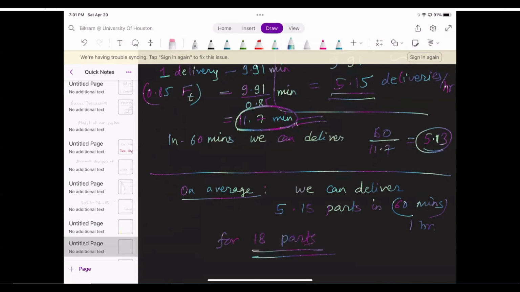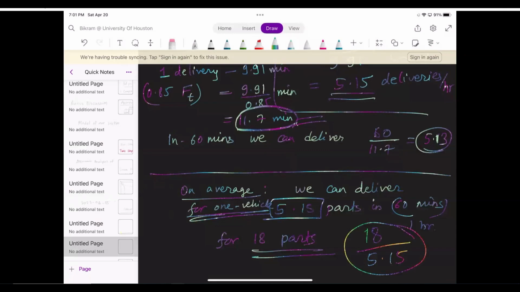This is for one vehicle. One vehicle can deliver 5.15 parts in 1 hour. So how many vehicles do we need? It is 18 divided by 5.15, which as a whole number will be 4. So 4 vehicles to deliver those 18 parts.